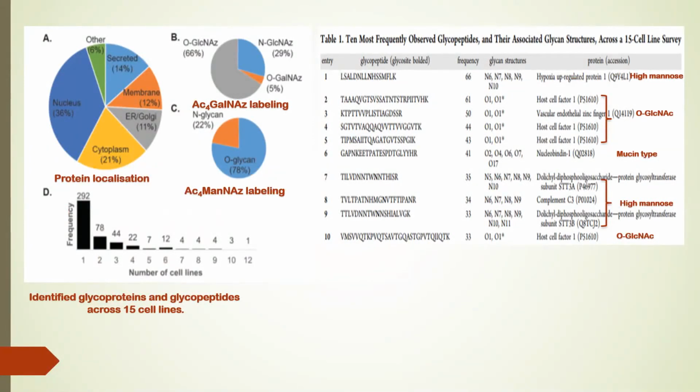The galactosamine and mannosamine labeling produced more O-glycans, which is here. And the frequency is mostly concentrated in one cell line. Table 1 summarizes the top 10 most frequently observed glycopeptides, and the most abundant ones are the ones with the high mannose.